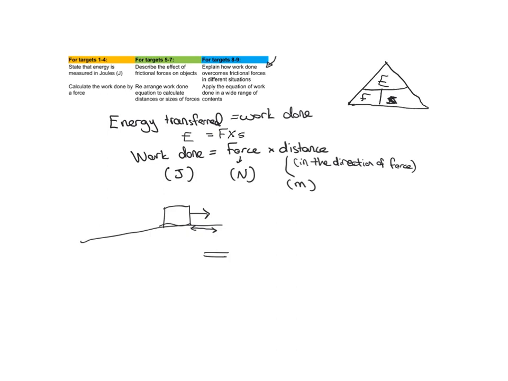If I want to calculate energy, I cover E, and this means times, this line between means divide. So if I want to calculate energy, then it's force times distance. If I want to calculate force, then it's energy divided by distance. If I want to calculate distance, I cover S, and it's energy divided by force. Make sure that you get the grasp of that if you are unsure of it.